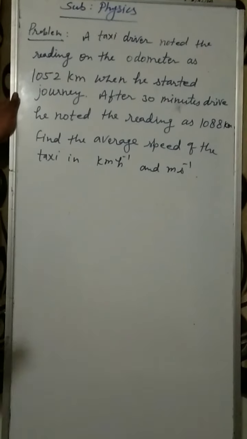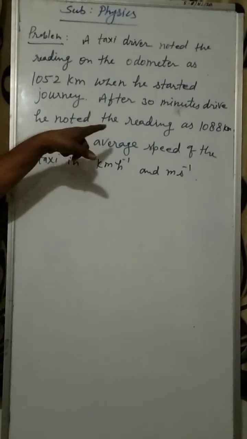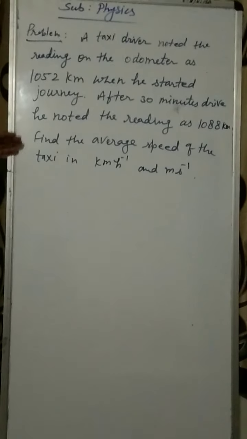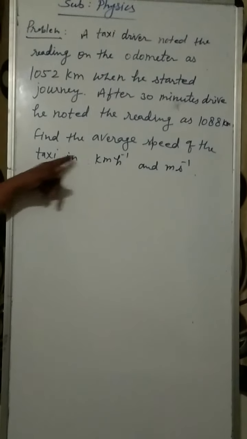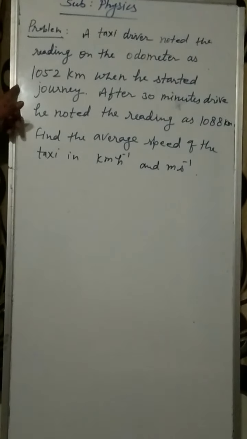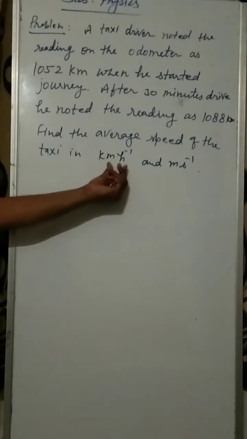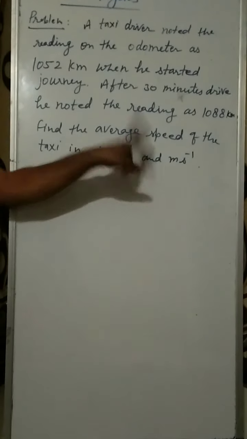After a 30 minute drive, he noted the reading as 1088 km. So you have to find the average speed in kilometer per hour and meter per second. The distance reading is given and time is given. For kilometer per hour, minutes should be converted to hours.